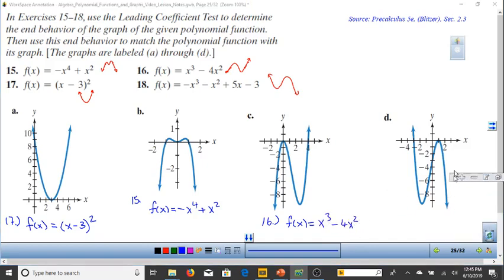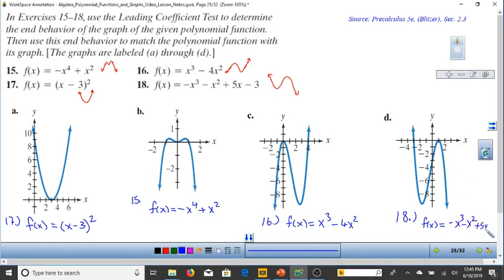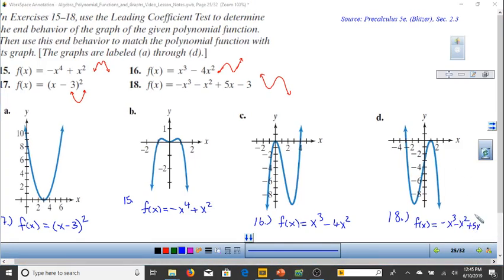And of course, graph D matches up with number 18, f of x equals negative x cubed minus x squared plus 5x minus 3. You could also look at other properties of the graph, such as the y-intercept, which is negative where the graph crosses in this case, zero in this case, and positive in this case, as you can tell.